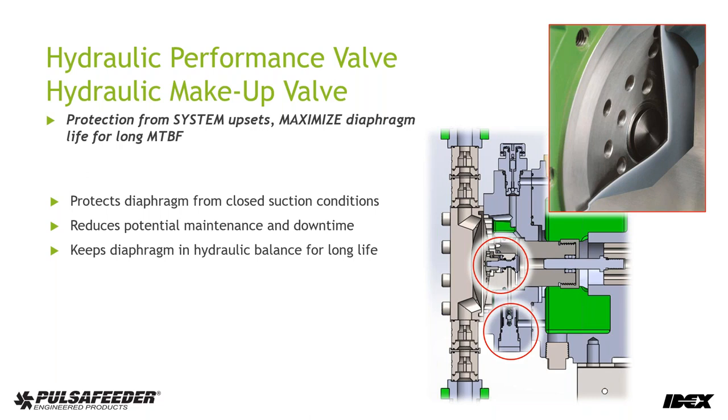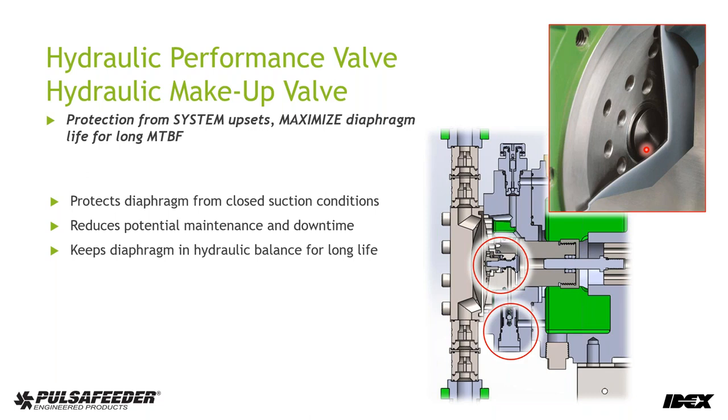So what does this do? It's located just behind the diaphragm, internal to the pump. With each stroke of the pump, if the diaphragm comes in contact with that, the pump automatically fills that cavity behind the diaphragm to make sure the hydraulics are firm and hard on either side of that diaphragm.